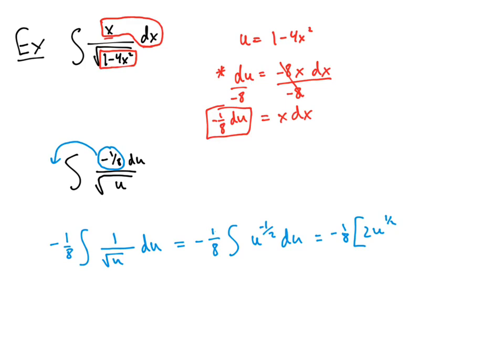And then plus c. It doesn't matter whether we write c inside the parentheses or outside the parentheses. C is just a constant. When I multiply negative 1/8 by a constant, that's still just some arbitrary constant. So we don't necessarily need to write the c in parentheses there.